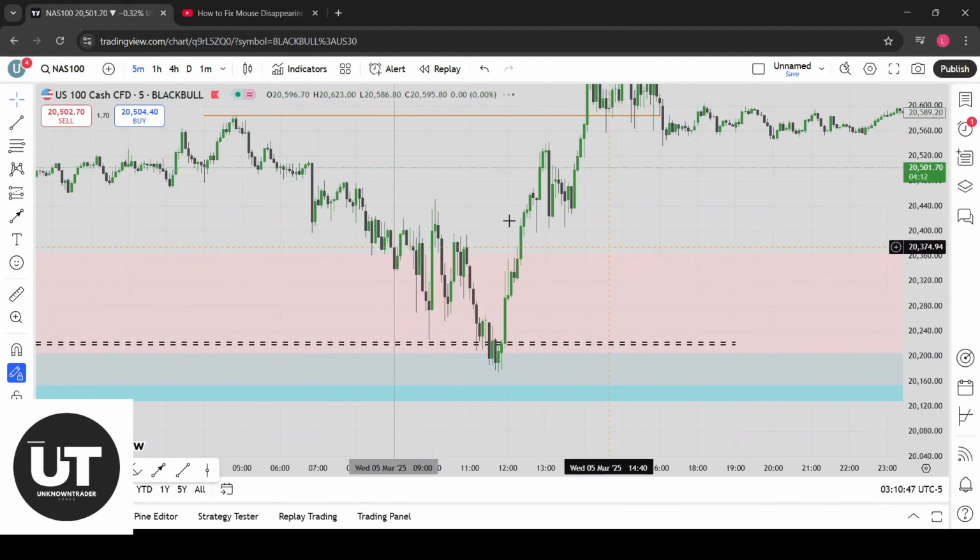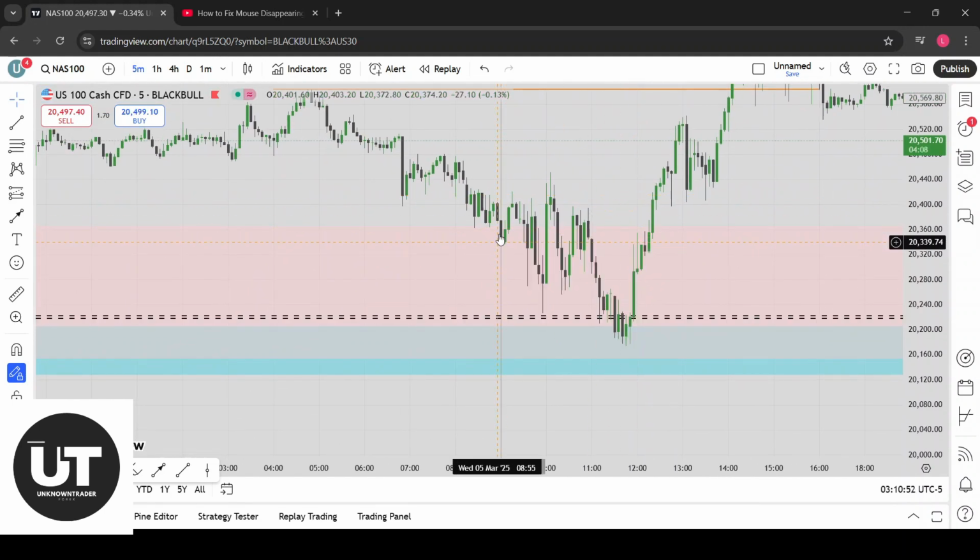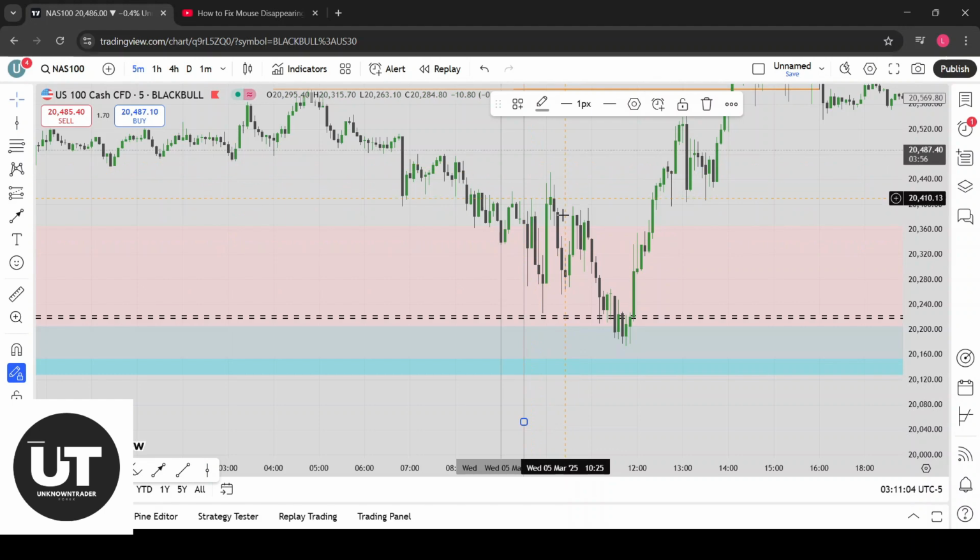Now on the 5 minute time frame, you start looking at the market here and you can only take your trades after 9:30. So 9:30 is right here. So I can only start looking for my entries after this point.